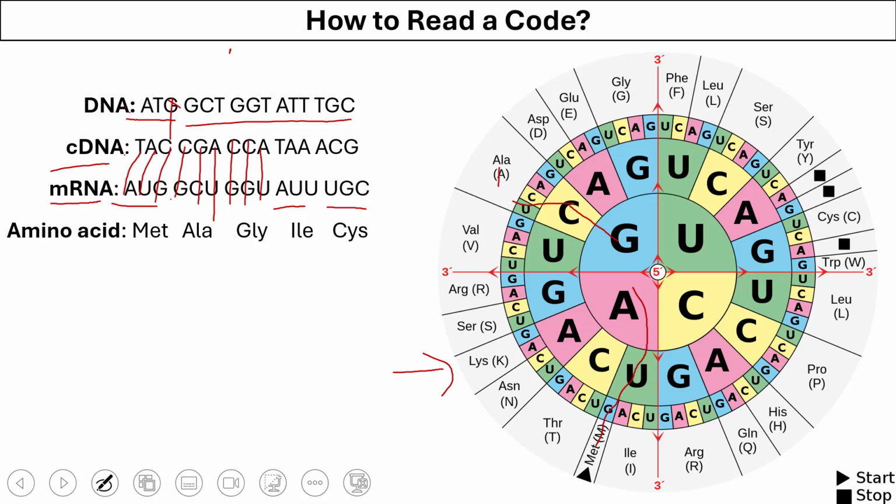And then GGU will be glycine. Then AUU will be isoleucine, and UGC will be cysteine, and you end up with the MAGIC sequence of amino acids.